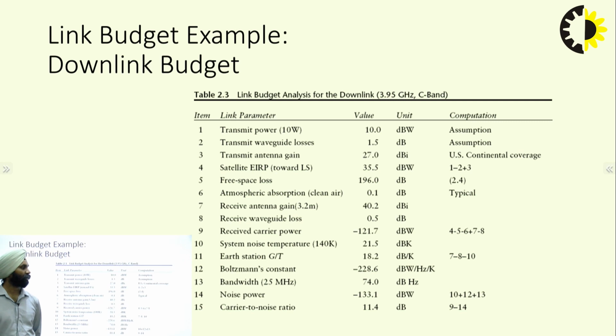All the values given here are typical values with the units in dB. So when we are using the Friis equation or the link equation, we have to add or subtract all of these terms.